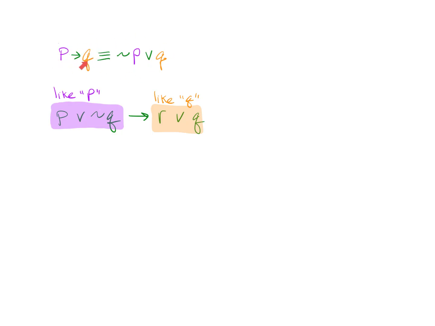If a thing implies another thing, that is logically equivalent to not the first thing or the second thing. So I need to do not the purple or the orange. So I'm going to have not the purple, P or not Q, or the orange, and what's in orange is R or Q.